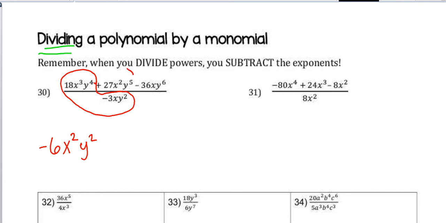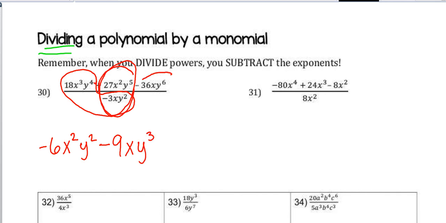Okay, so now I'm going to do the same thing, but now I'm focusing on my two middle terms. 27 divided by -3 is -9. x squared minus x is just x. y to the 5th minus y squared is y cubed.